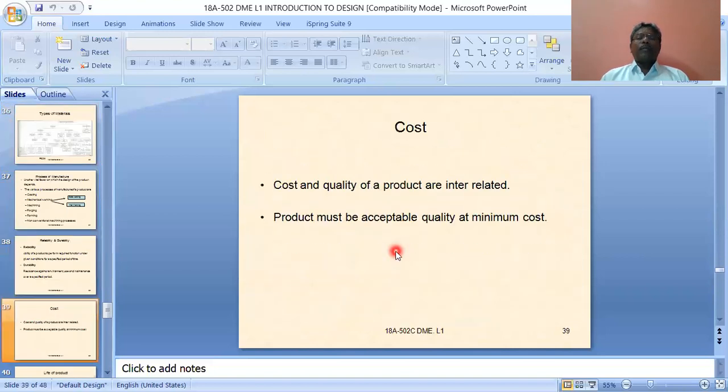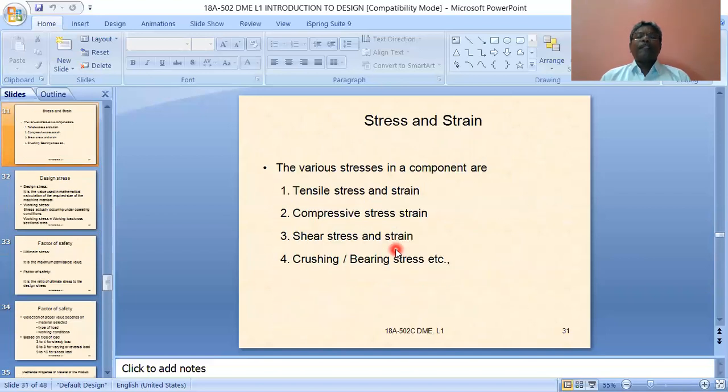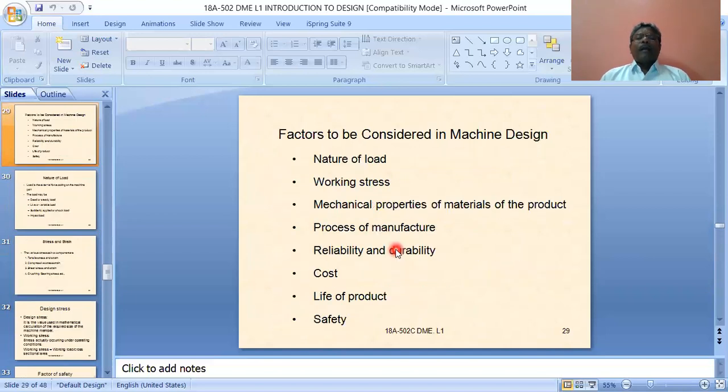So once again, let us see the factors to be considered for the selection of a product. Number one is load, number two is mechanism, number three is working stresses, number four is selection of materials.